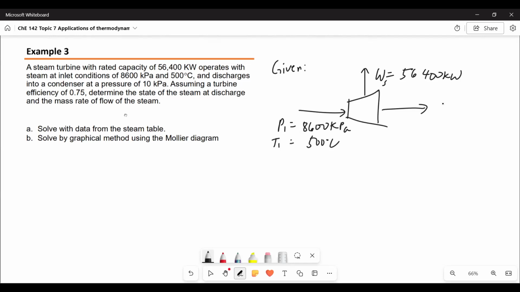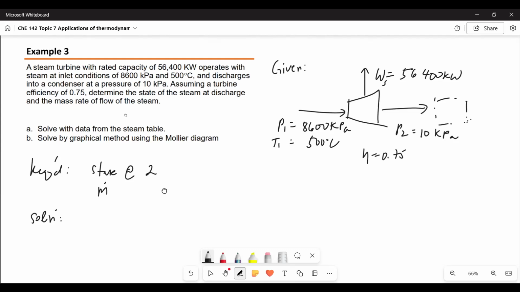And the discharge, so here we have a condenser, but it's not our concern. P2, the discharge is 10 kilopascal. And then the efficiency is 0.75. The requirement is state of the steam, and then mass flow rate.